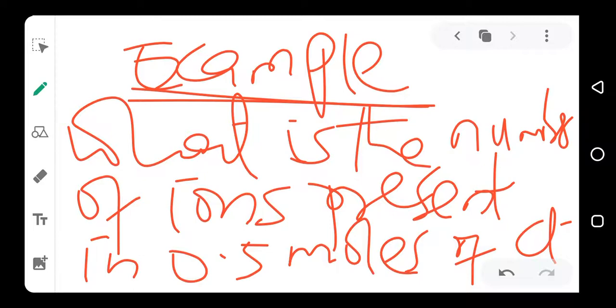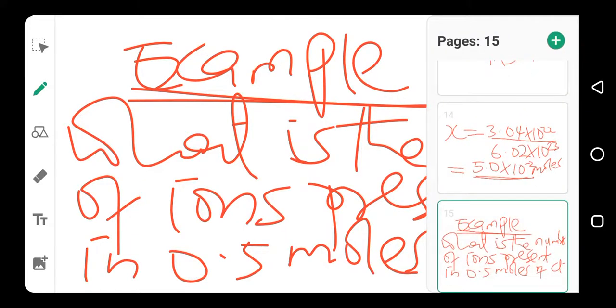What is the number of ions present in 0.5 moles of chlorine ion? Here we are given the number of moles and we are looking for the number of particles.